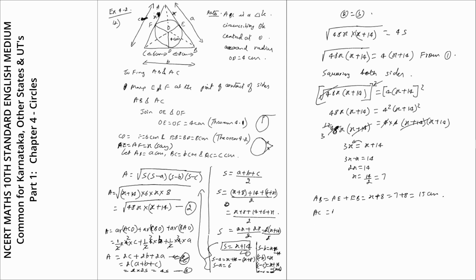AC is equal to AF plus CF. So AF is x, and CF is 6 centimeter. So 7 plus 6, which is equal to 13 centimeter. These are the two lengths of the sides.